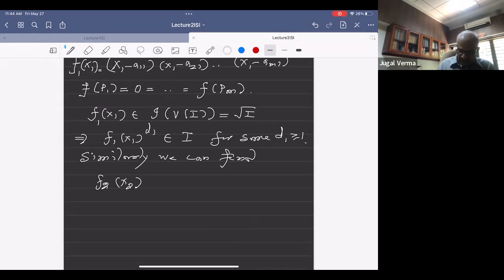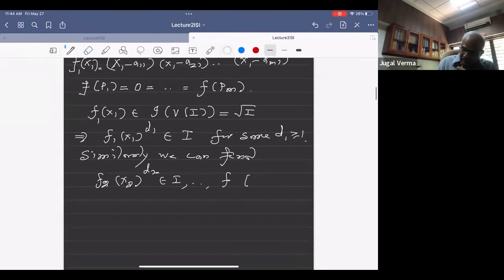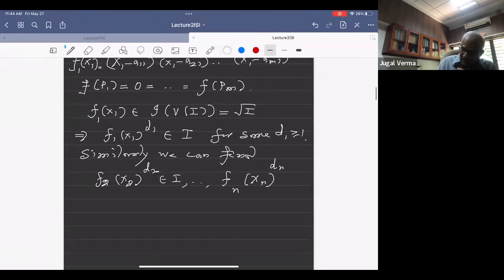And by the same reasoning, this polynomial has some power which belongs to I, and I can find an nth polynomial, I mean, there are n. So that some power is in I.